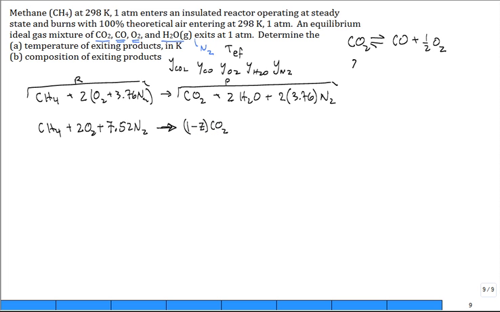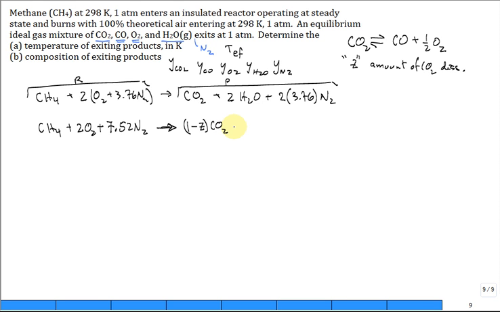Z is some amount of CO2 that dissociates. So that's why on the right-hand side for the products, we have 1 minus Z.